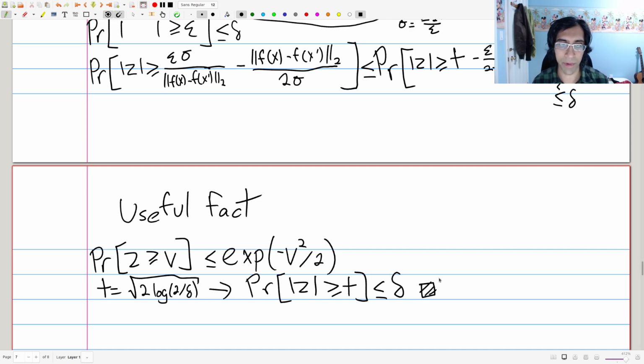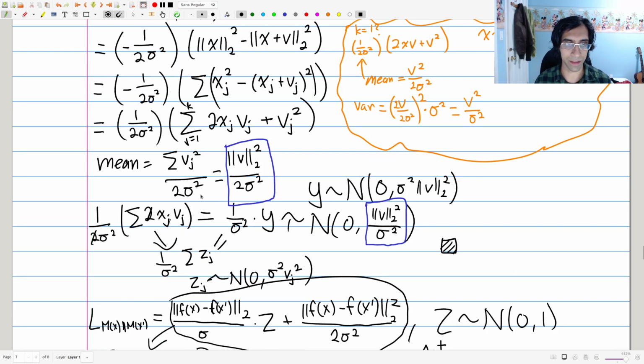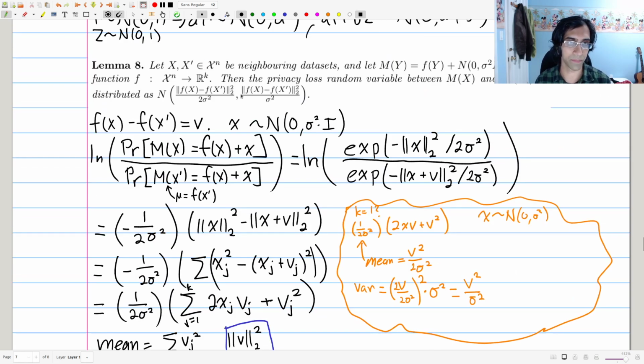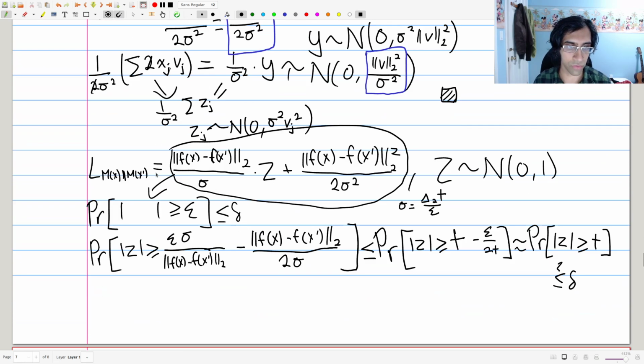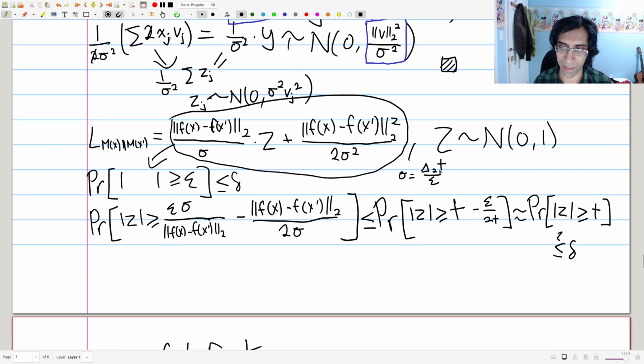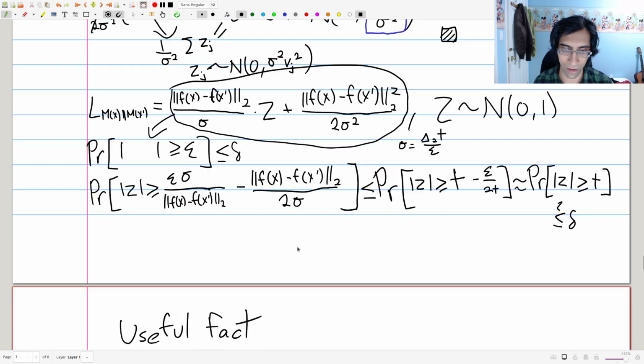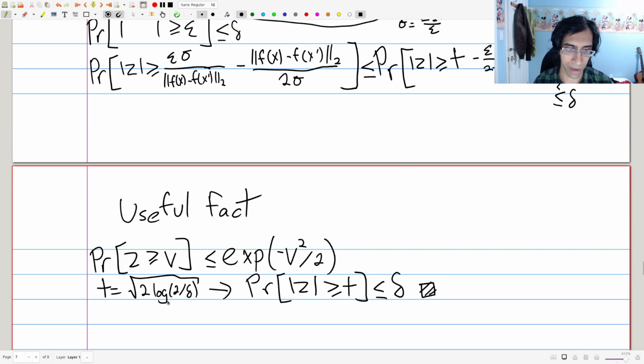So yeah, all we really did in the second part of this proof is take the fact that the privacy loss random variable is a Gaussian and massage it into a form which was very familiar to us, the standard normal Gaussian. We plugged in what we know is going to be the right answer. Maybe we cheated a bit, but we plugged in the right answer and then showed that this t factor, which is a multiplicative thing here, has to be roughly square root log 1 over delta.